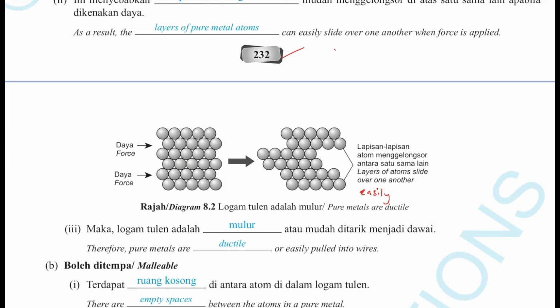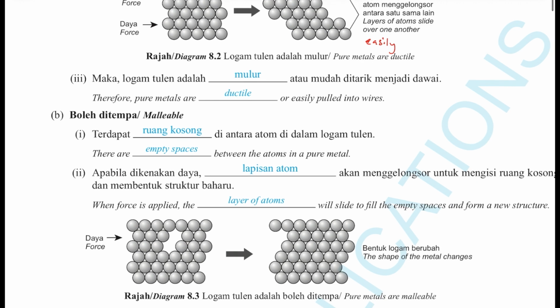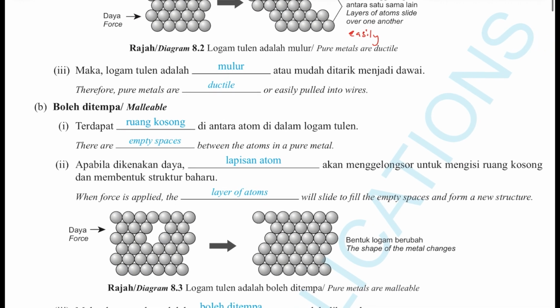And then, you see, second property, the pure metal is malleable. Malleable ni maksudnya boleh ditempa. Boleh dibentukkan menjadi benda lain lah. Boleh jadi pedang, ya. Boleh jadi apa-apa sajalah, periuk dan sebagainya. Okay. Kenapa macam tu? Because you see, there are empty spaces between the atoms in pure metal.